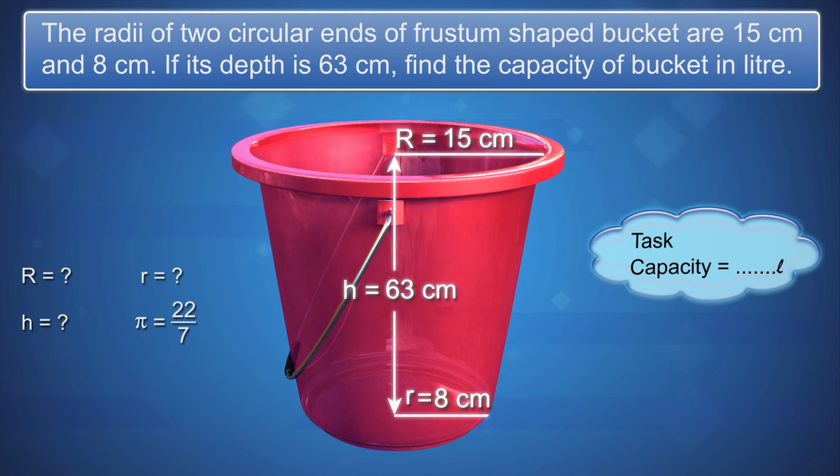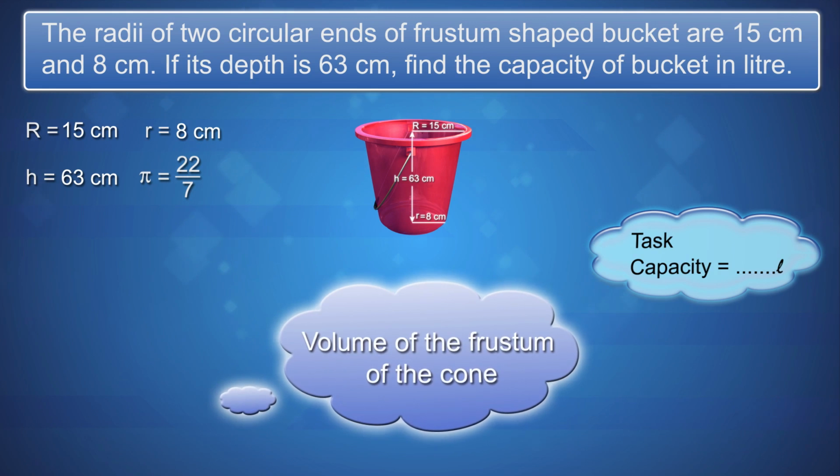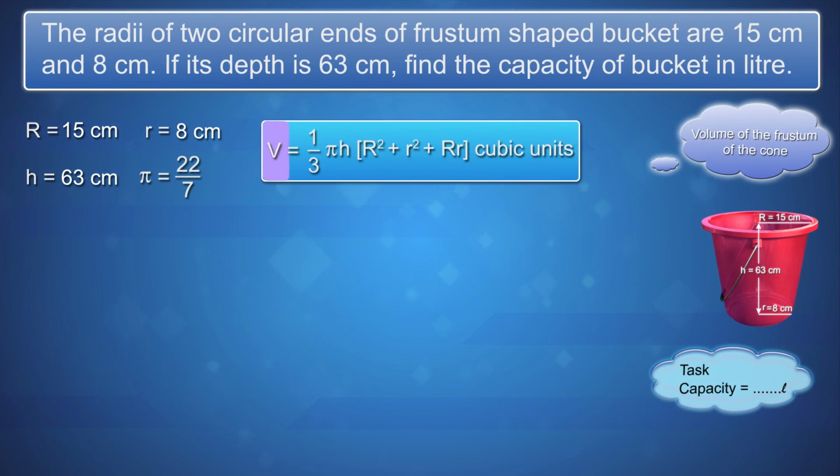That is, capital R is equal to 15 cm, small r is equal to 8 cm, H is equal to 63 cm, and pi is equal to 22 by 7. Just recall the formula for the volume of the frustum of the cone. That is, V is equal to 1 by 3 pi into H into capital R square plus small r square plus capital R into small r cubic units.